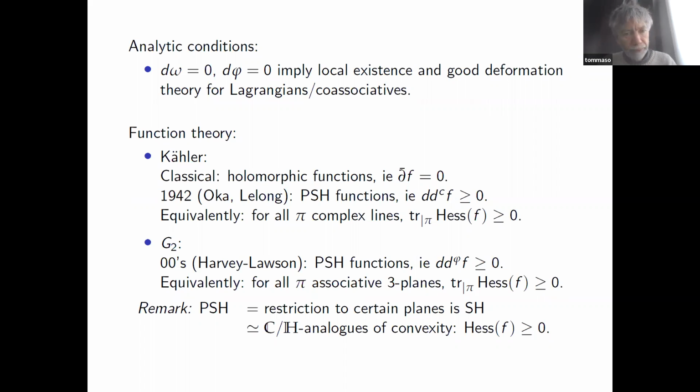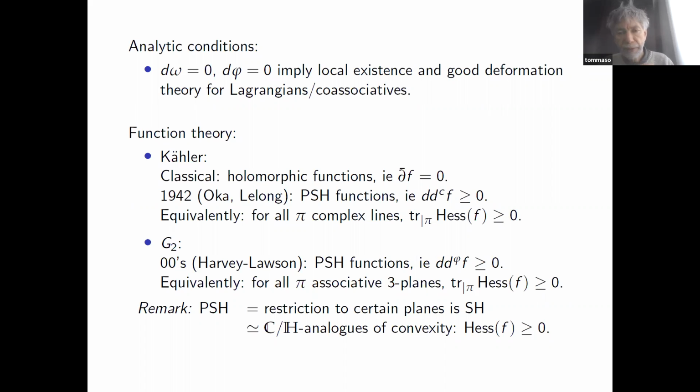Now the function theory, let me give you a brief presentation of that. I was already saying in the Kähler case, we can talk about holomorphic functions defined by the operator d bar. But classically, we can also talk about plurisubharmonic functions defined by the operator d d^c. Now, we shall prefer a different equivalent point of view for plurisubharmonic, which is closer to Riemannian geometry.